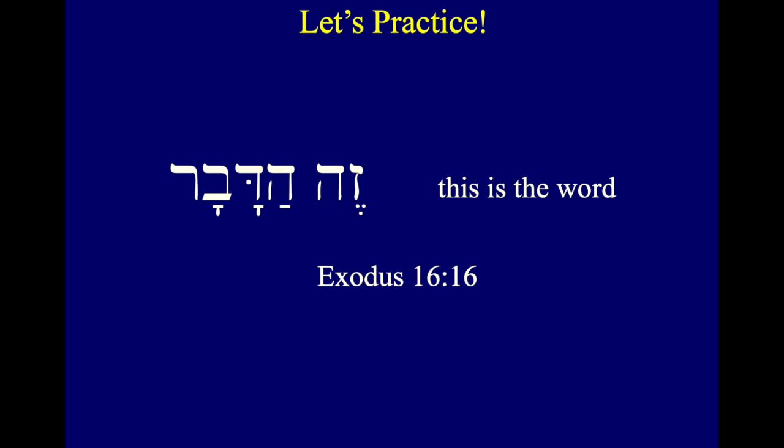And it's a masculine singular demonstrative because davar is a masculine word, and it is singular here. This is actually a quotation from Exodus 16:16. This is the word. This is the story of the manna.